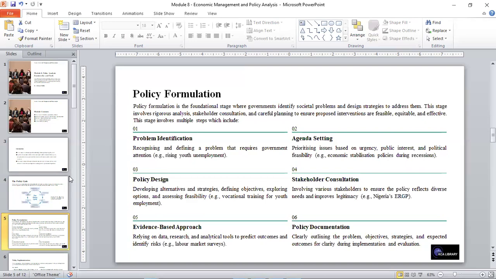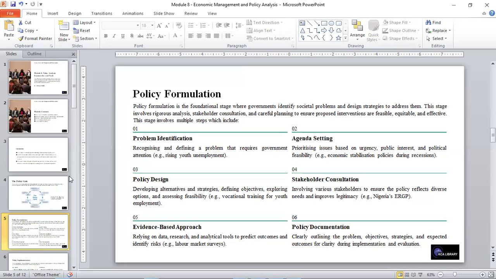This stage involves multiple steps, and the first step is problem identification, where you recognize and define a problem that requires government attention. The next step is agenda setting, which deals with prioritizing issues based on urgency, public interest, and political feasibility.